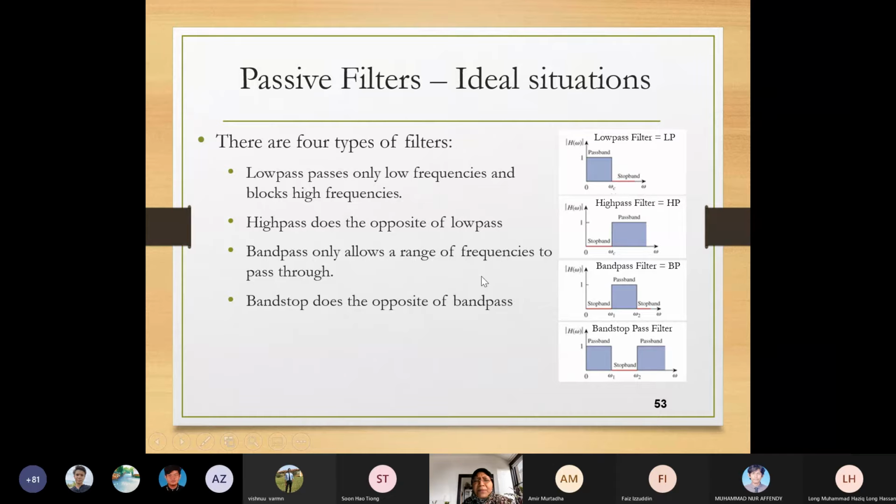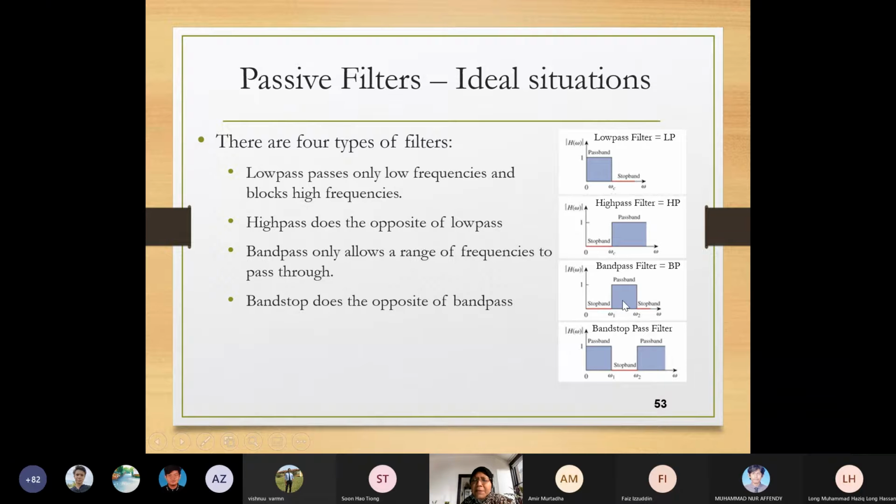Basically there are 4 types of filters. The low pass allows any signals smaller than the cutoff frequency, whereas the high pass allows signals to pass through at any frequencies above the cutoff frequency.